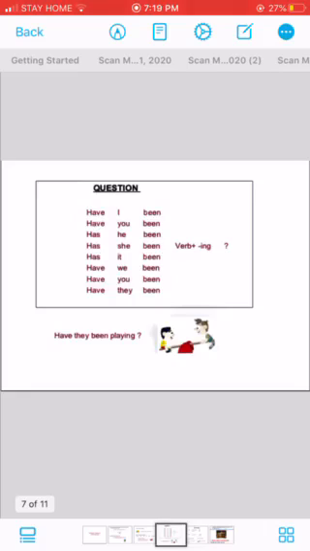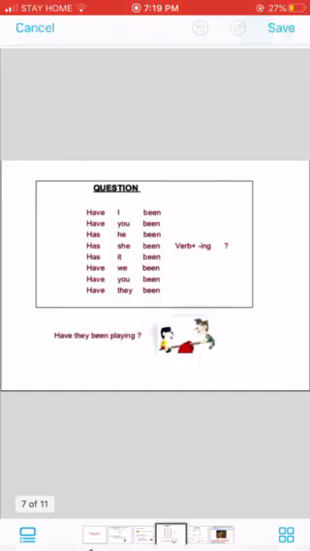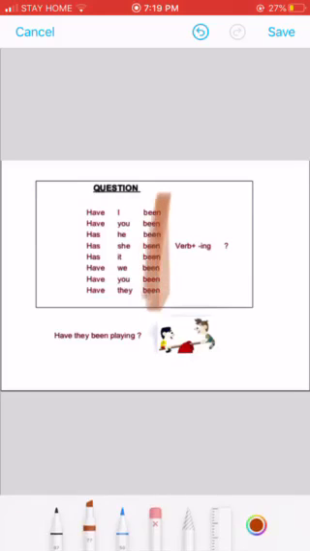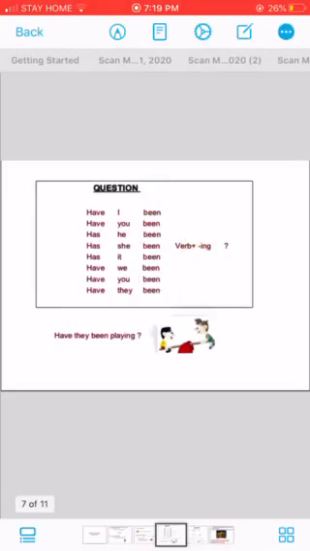They, we, you, I بتاخد عنا have. Then we write been, then the verb with ing. والفعل الرئيسي بنضيف له ing. لذلك احنا سميناها present perfect continuous or present perfect progressive. Have they been playing? This is the question.